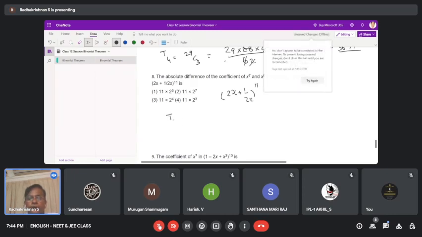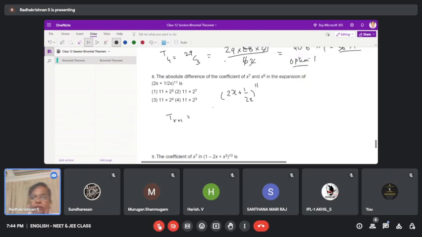So here again T(r+1), same way you please write T(r+1) and write down the coefficients of x power 7 and x power 9 and find out the absolute difference between the two. Okay. So I will also do, I request you also to do. T(r+1) is nCr.